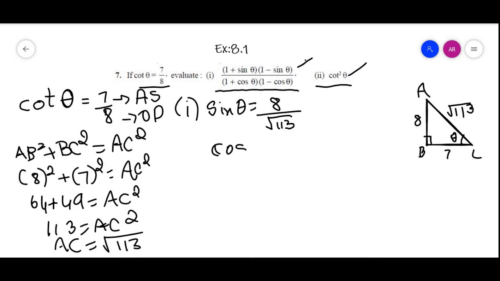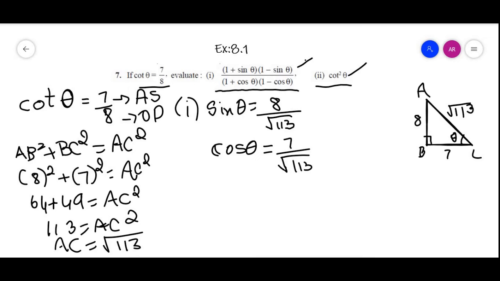Cos theta will be equal to the adjacent side by the hypotenuse. The code is CAH. What is the adjacent side to angle C or theta? It is 7, so it is going to be 7 by root 113.